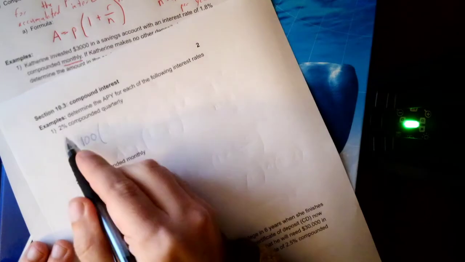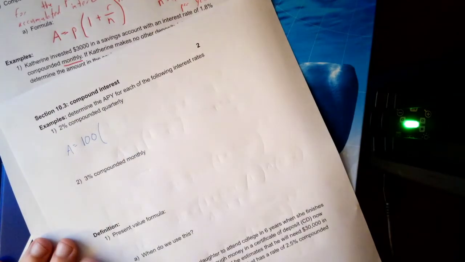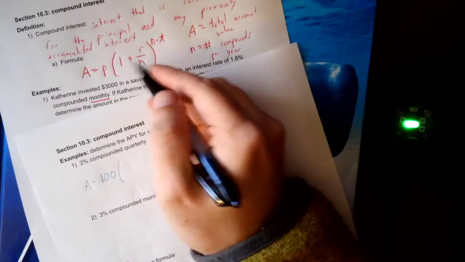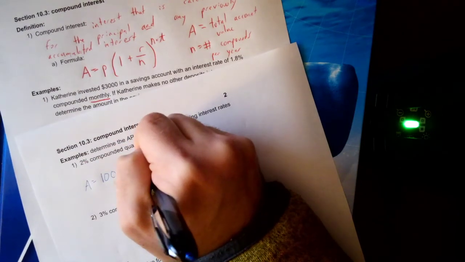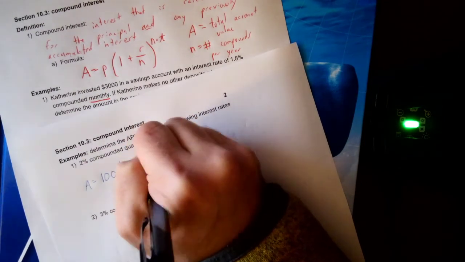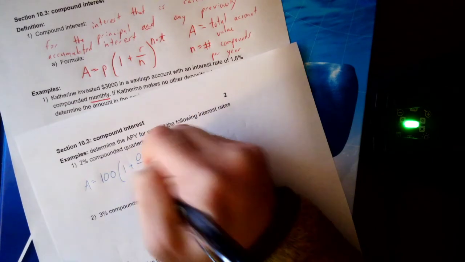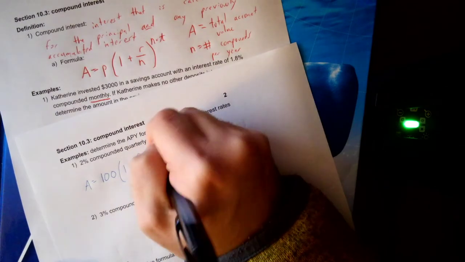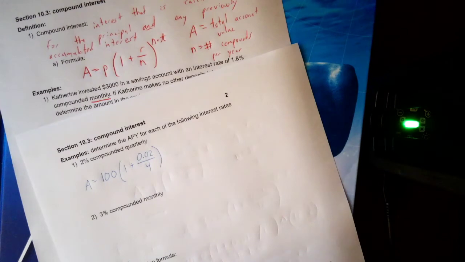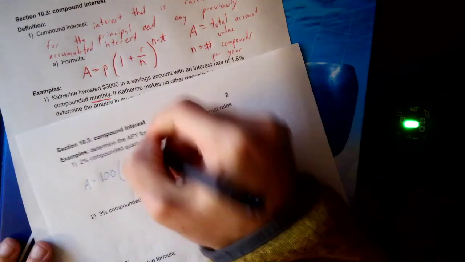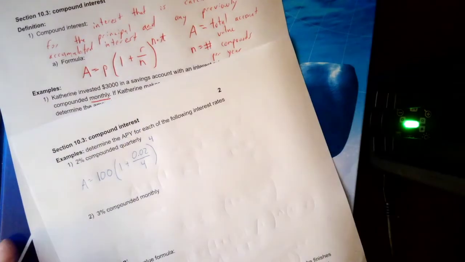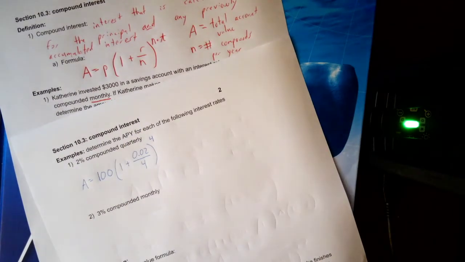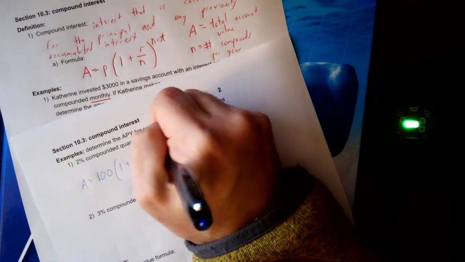Now, I want to do 2% compounded quarterly. The formula is 1 plus the rate, 0.02, over quarterly would be 4 compounds, and how many periods is that for 1 year? Well, that'd be 4 periods for the 1 year, right? 4 periods times 1 year.